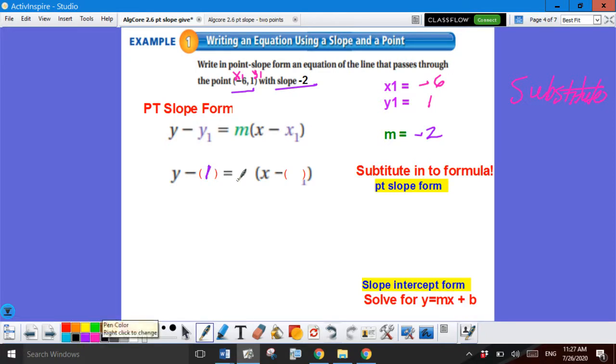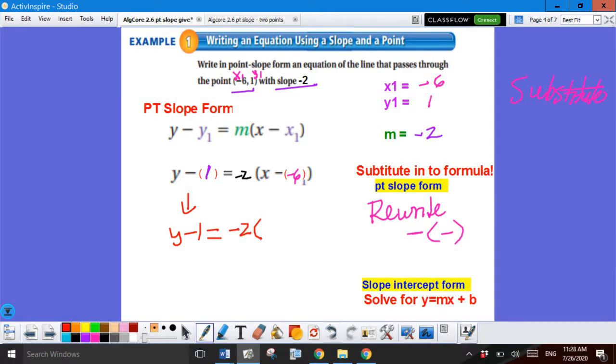Let's keep going. Next comes my slope. My slope is negative 2. Then it wants my x1, which is negative 6. So that's the first thing I'm going to do, substitute. Then I'm going to rewrite, and I'm looking for double negatives. If there isn't a double negative, I can drop the parentheses. So on this side, this becomes y minus 1. I don't need the parentheses.